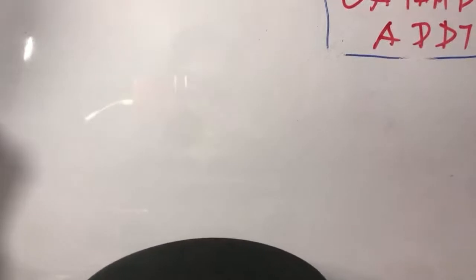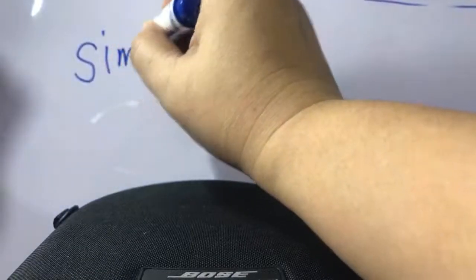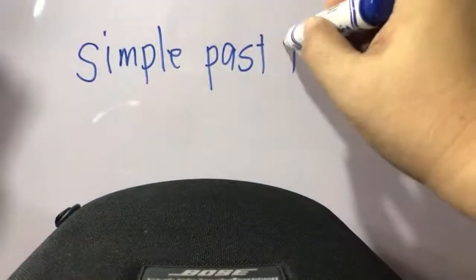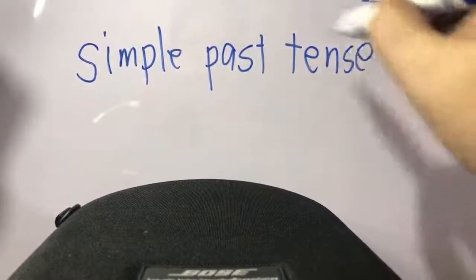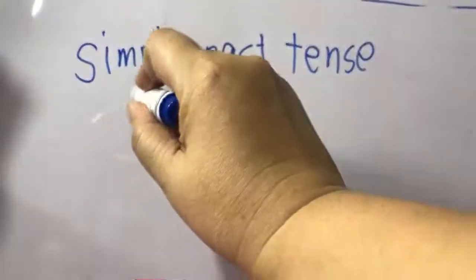Mizuki, we're talking about the simple past, okay? I'm explaining to you the simple past. So simple past tense has specified time. Do you understand specified?